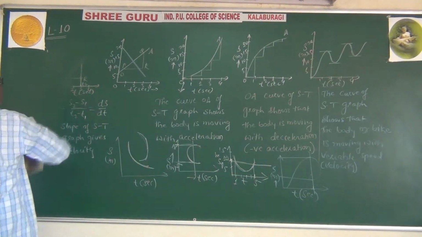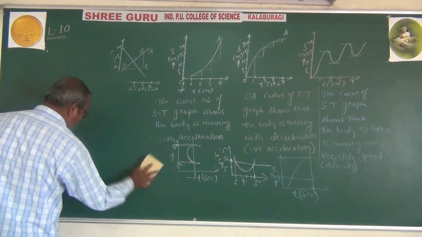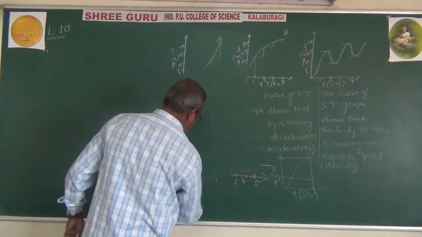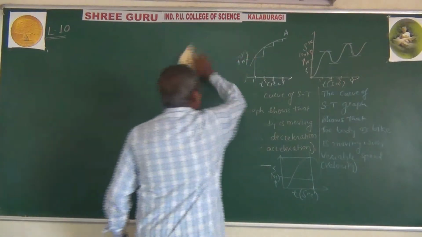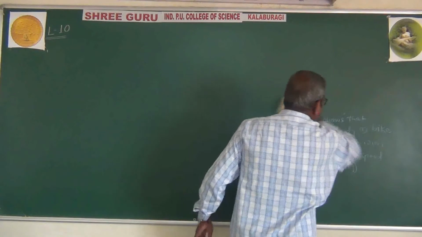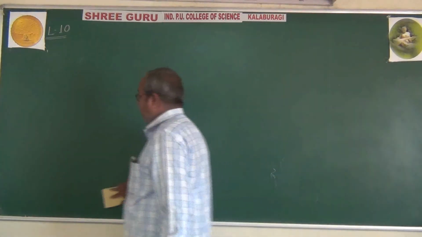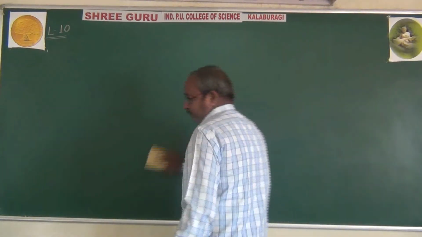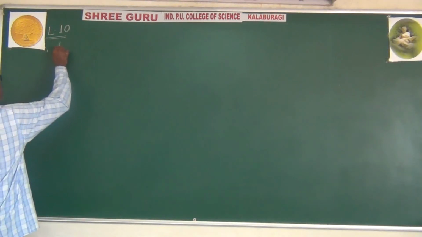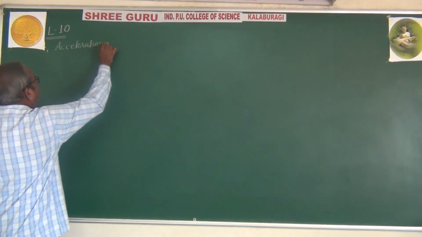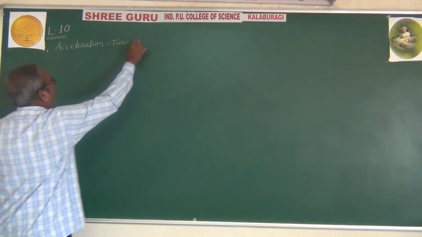That also is actually deleted. But here I will draw a few graphs. The graph which is plotted with acceleration along the y-axis and time along the x-axis is said to be the acceleration time graph.